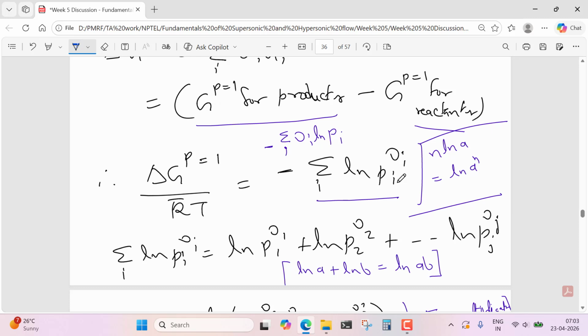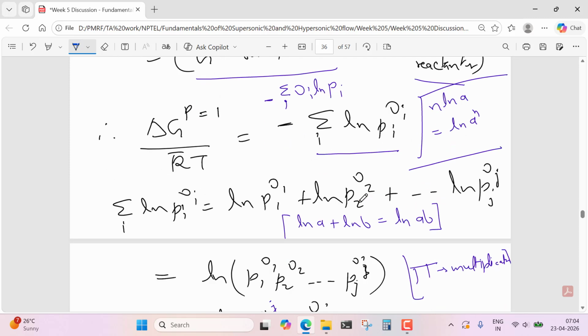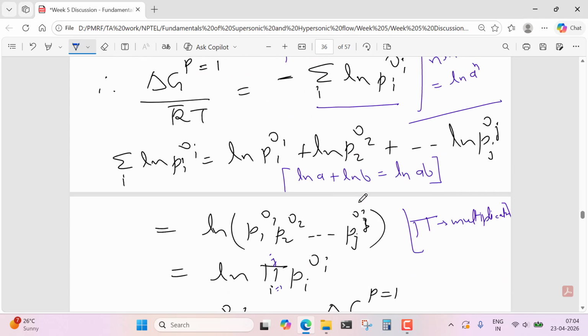From the logarithm we know that log A plus log B equals log AB. So this sigma i log Pi to the power mu i will be equal to log of P1 to the power mu 1, P2 to the power mu 2, and so on up to Pj to the power mu j, which is nothing but the product of Pi to the power mu i. So it will be log of the product from i equal to 1 to j of Pi to the power mu i.